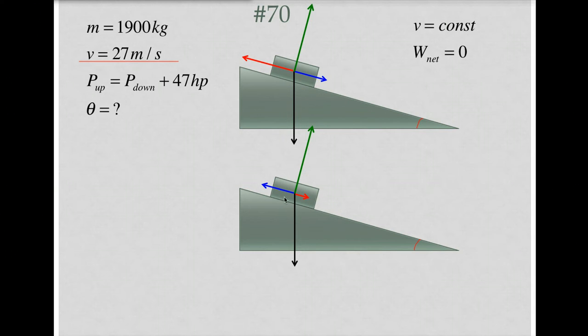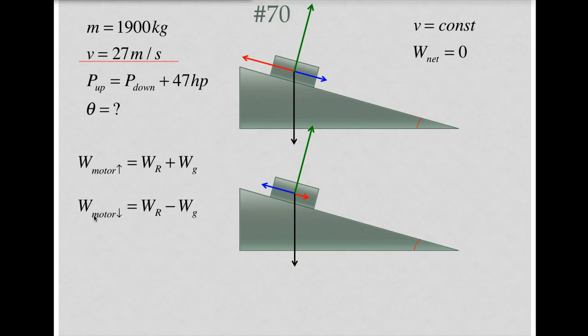Or if the object is moving downwards, then force of gravity plus a little bit of the motor will equal the retarding force, or if we're talking work, work done by the motor plus work done by gravity. Those two works have to equal the work done by the retarding force. So work of the motor going up equals the work of the retarding force plus work of gravity.